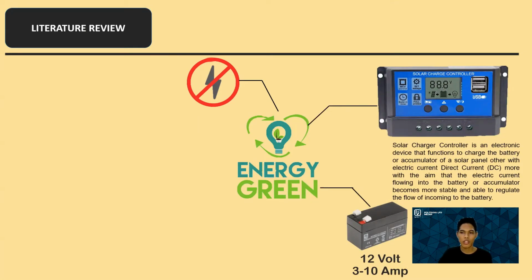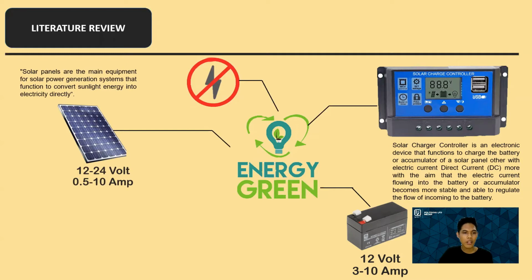This solar charge controller is an electronic device that charges the battery or accumulator from a solar panel or other source with direct current, DC, so that the electric current flowing into the battery becomes more stable and the incoming flow is regulated. These devices save the battery from overcharging. This product uses a 12 volt, 3 to 10 amp battery.